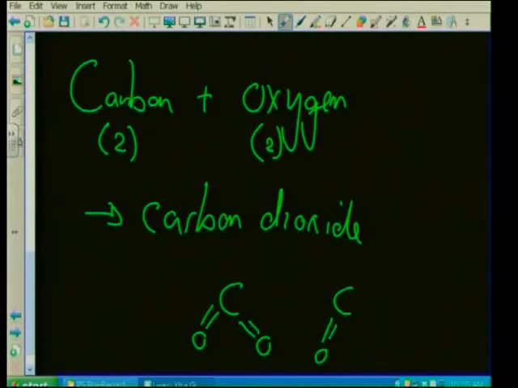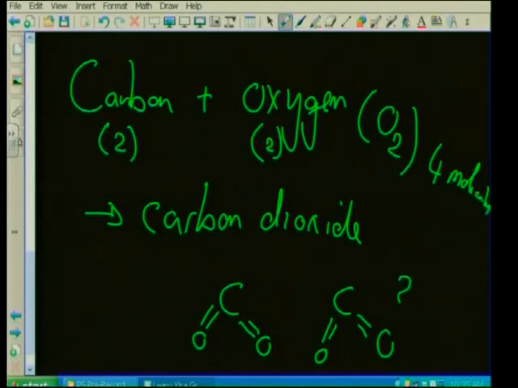So 2 carbons are still 2 carbons. We had 2 oxygen molecules. Now remember, an oxygen molecule is diatomic, so it's O2. And what we're seeing here is, to start with, we had 4 particles or 4 molecules, if you'd like to call them that. And at the end, what have we got? We've only got 2 molecules.